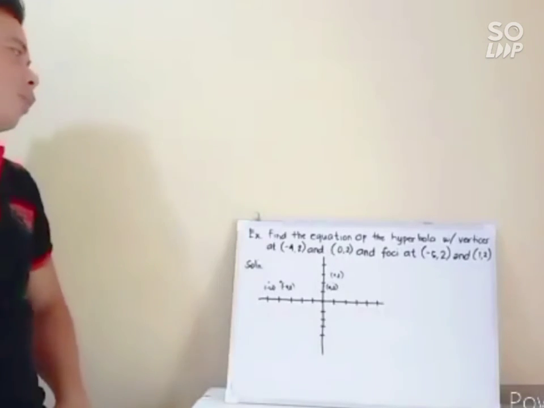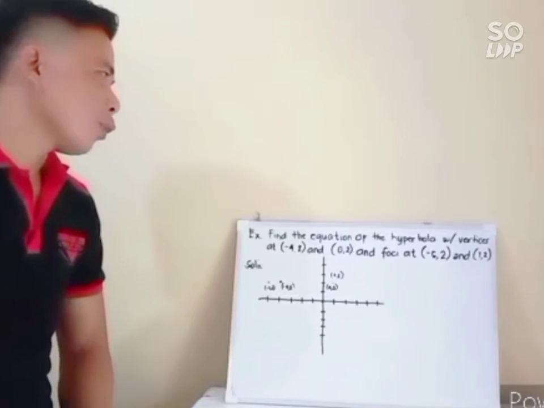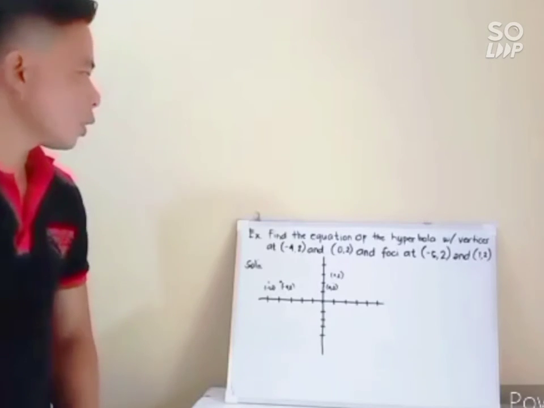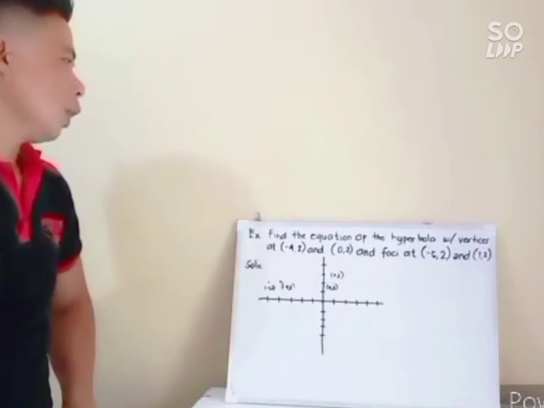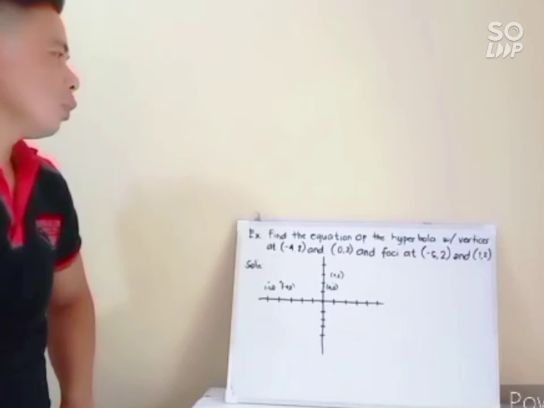So our first example is: find the equation of the hyperbola with vertices at (-4, 2) and (0, 2), and foci at (-5, 2) and (1, 2).